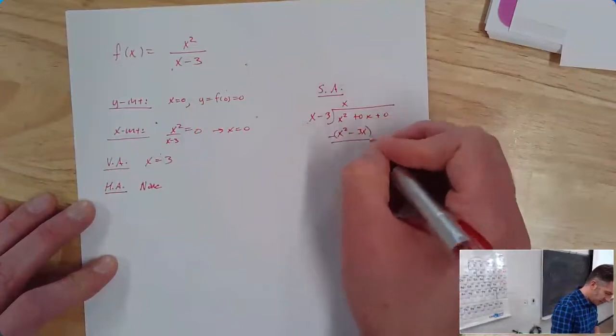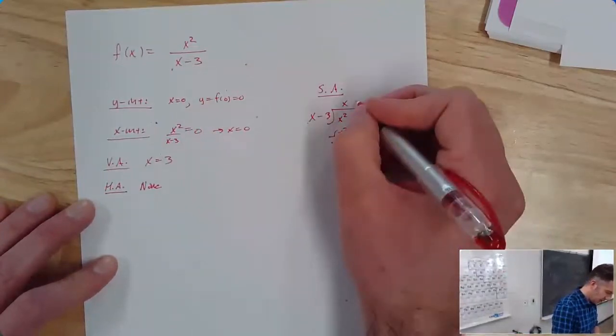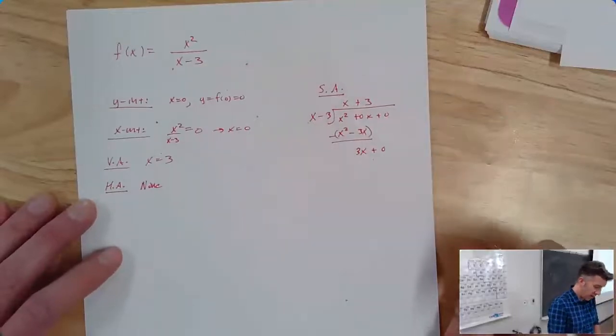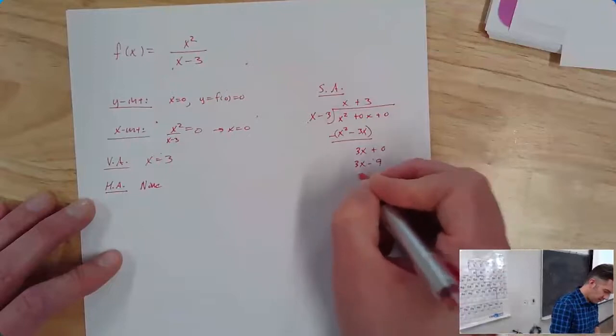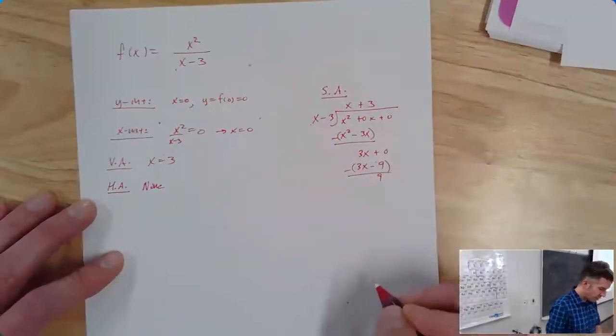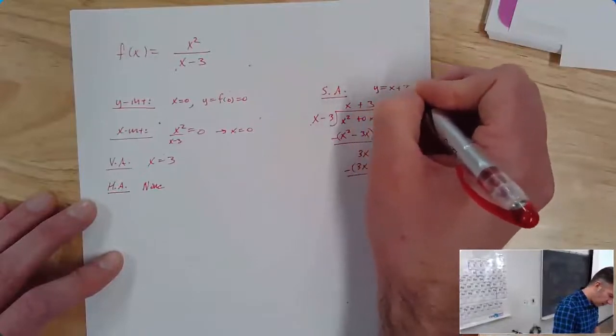Subtract. 0 minus minus 3 is positive 3x. x goes into 3x 3 times. And you can actually stop there. You could also finish it. 3x minus 9. Subtract. So our slant asymptote is y equal to x plus 3.